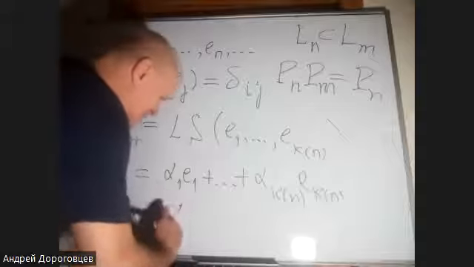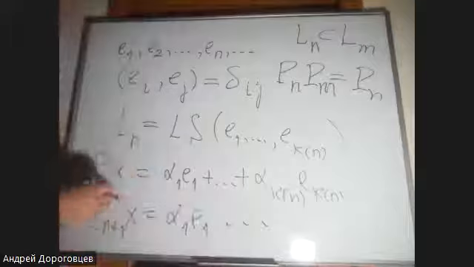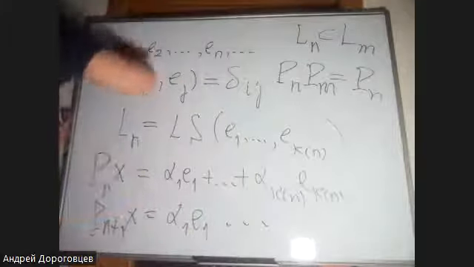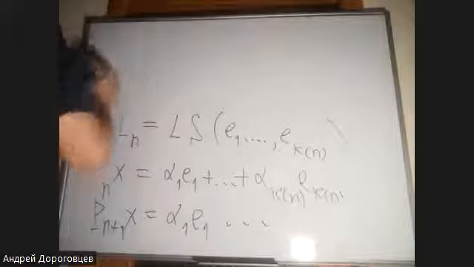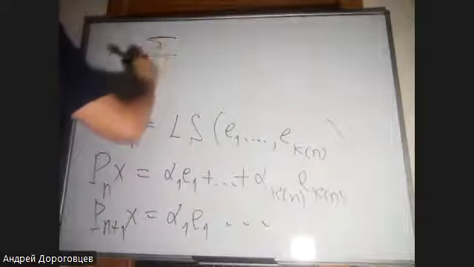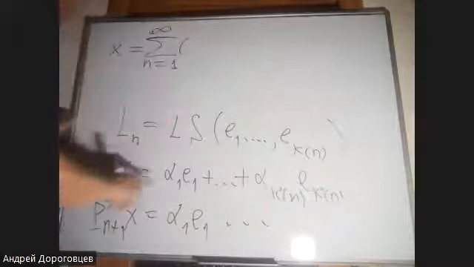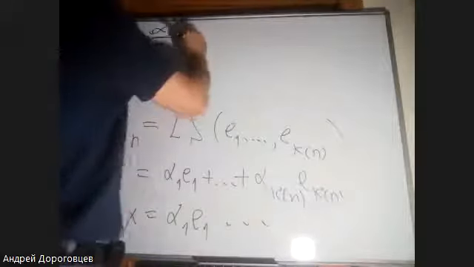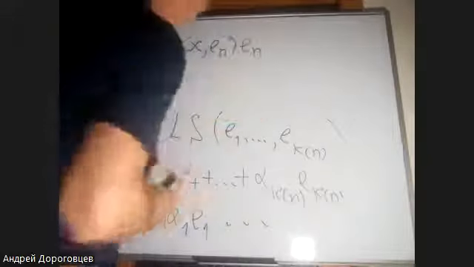So we have the same coordinates here, and this means that formally one can put into correspondence for every x the series from n equal 1 to infinity, where alpha_n equals (x, e_n).